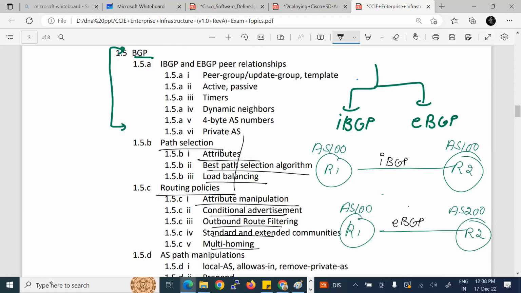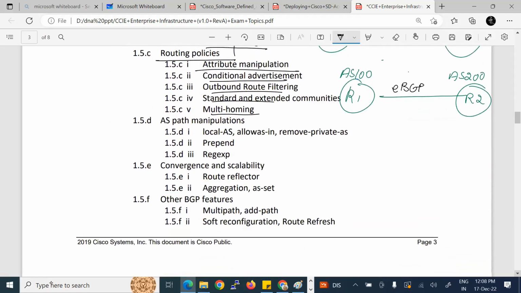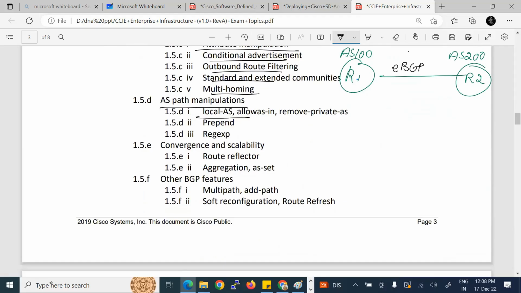Then AS path manipulation: local AS, allowas-in, remove private AS, prepend, regular expression.